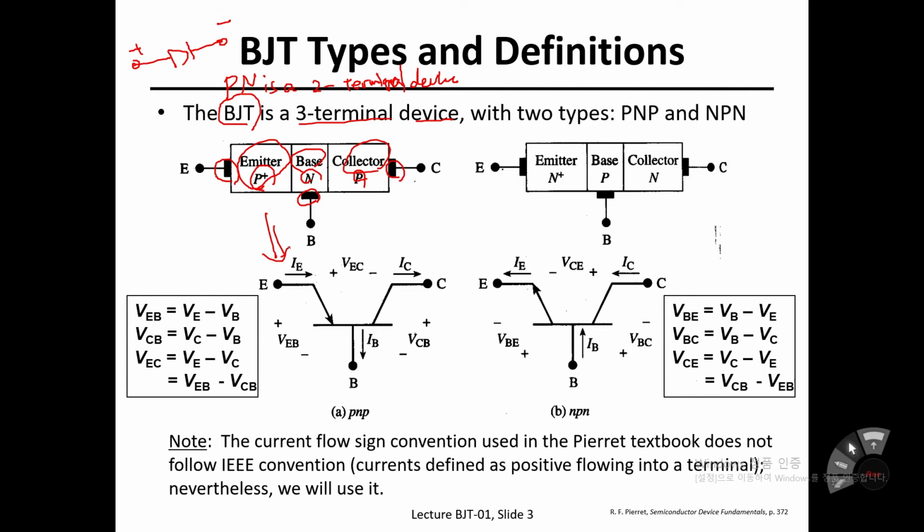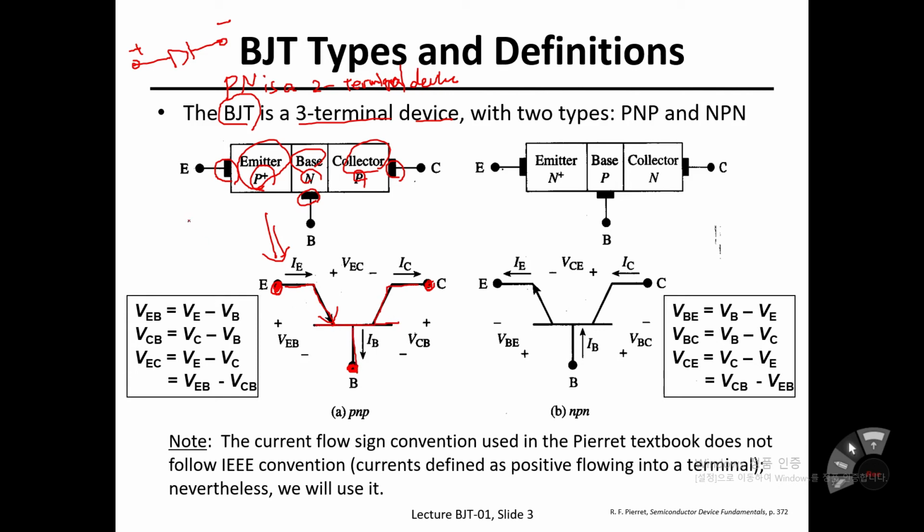So instead of drawing the cross-sectional view of PNP BJT, let's adopt a circuit symbol for BJT. So that node is emitter, this node indicates collector node, this node indicates base node. And using this arrow, banded arrow and banded solid line and another straight line.